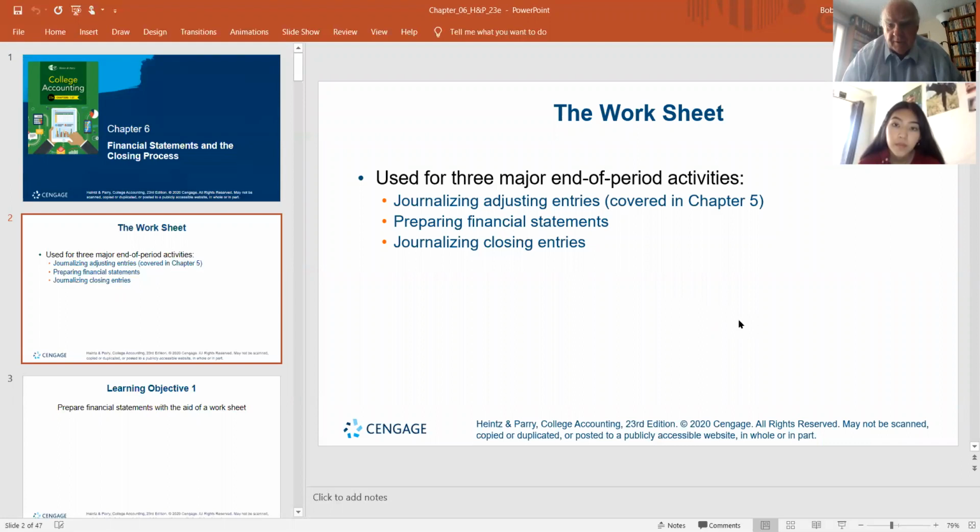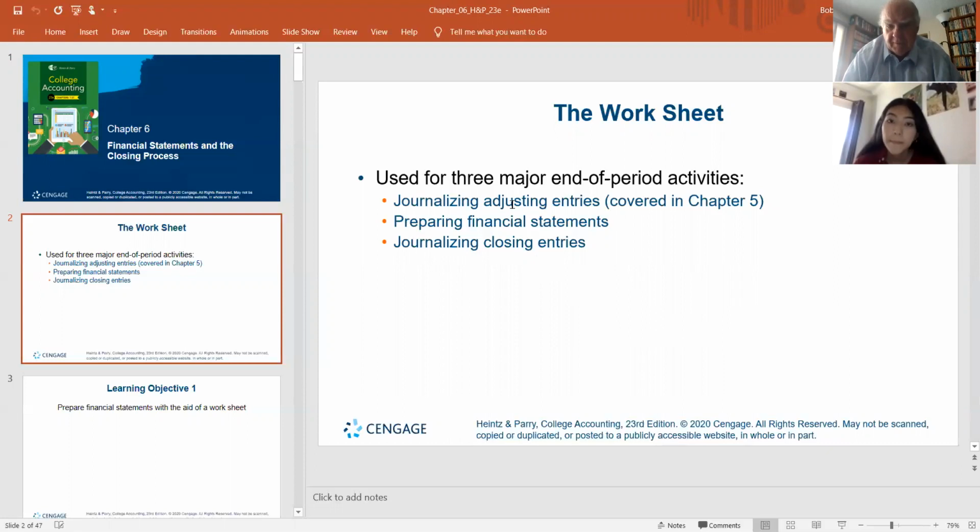Okay, they talk a little bit about the worksheet, and I'm not sure how much we need to go deep in this. The month ends, right, Riley? And you prepare a trial balance. We know a trial balance is just the listing of the accounts to prove that debits equal credits. And we also know now from chapter 5, we have to prepare adjusting journal entries.